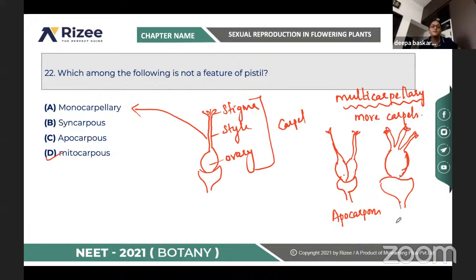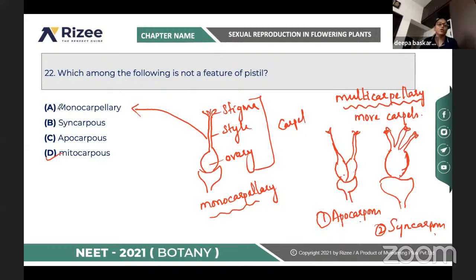So this is called syncarpous. So these three: this is monocarpellary. In multicarpellary, there are two types. One is apocarpous, second one is syncarpous. Either they are separately present or they are fused, like in syncarpous. So these three are the terms involved in the pistil.